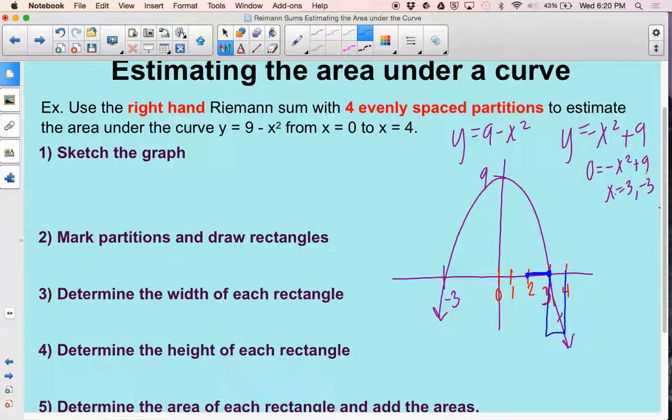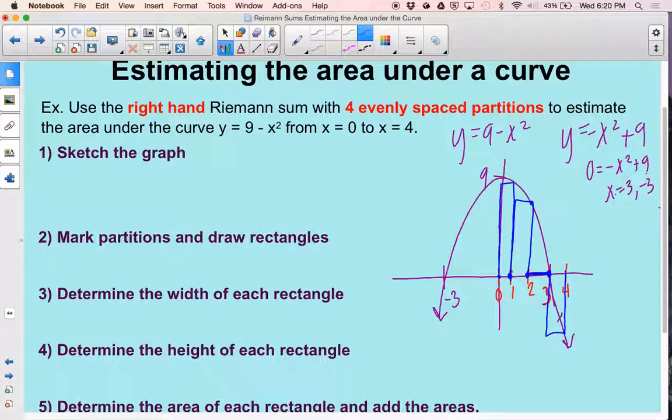It has no area, because we're starting at 3, and since we're already on the x-axis, you're not going up or down at all. Just go straight over. There's your rectangle. All right, 2, go up to the function, over and down, and then 1, go up to the function, over and down. It's not as easy to see if this is an overestimate or an underestimate here, because on the top we're below the curve, and on the bottom we're actually extending beyond the curve, so it's hard to tell.